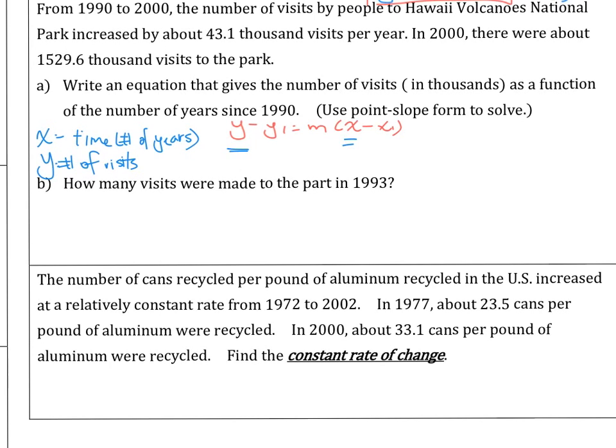And your slope will be 43.1. Now, between 1990 to 2000, there is a period of 10 years. Okay, and then by 2000, the visits resulted in 1,529.6. So here we can come up with a point.